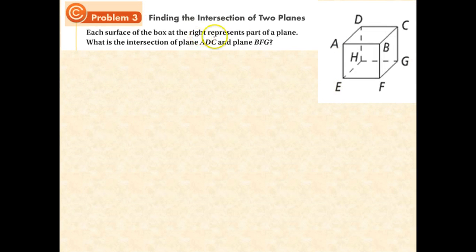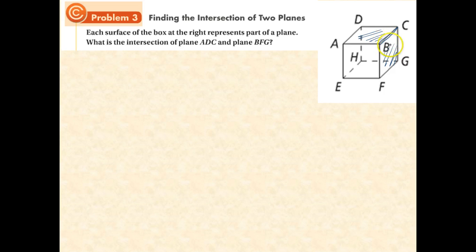All right, so finding the intersection of 2 planes. Each surface of this box represents part of a plane. So you can imagine this plane going on forever, but we're only drawing this part of it. What is the intersection of plane ADC, so that's this top plane here, and plane BFG, so that's this plane here? Where do those 2 planes intersect?